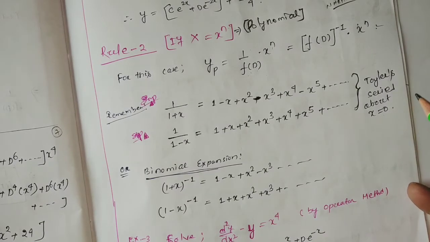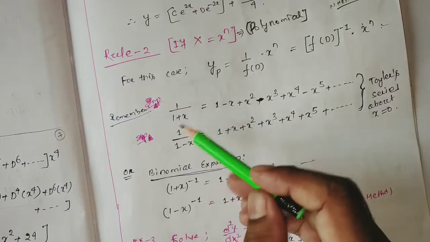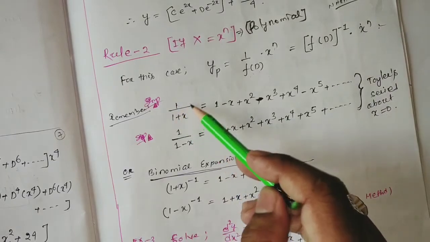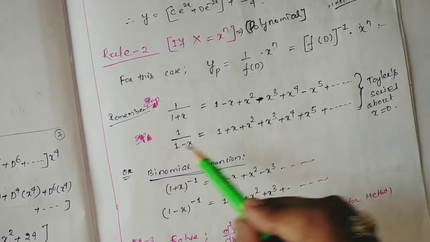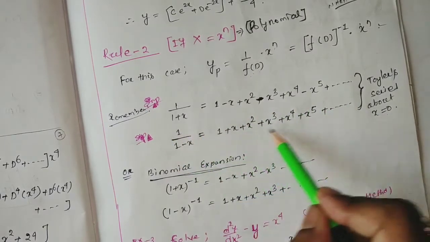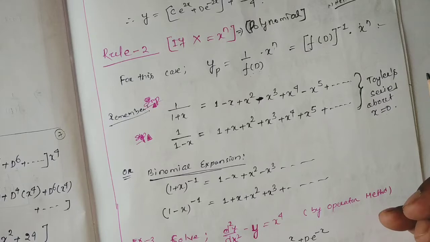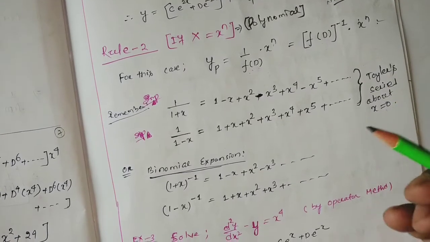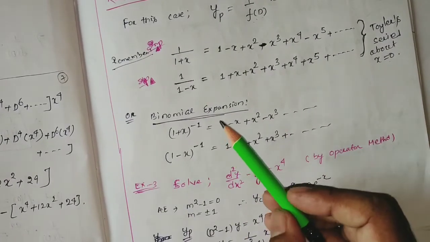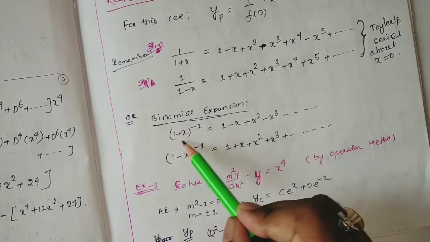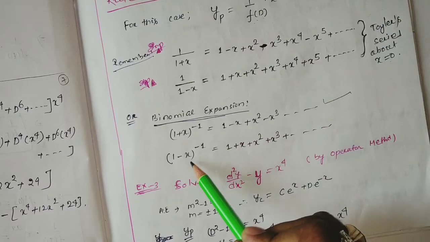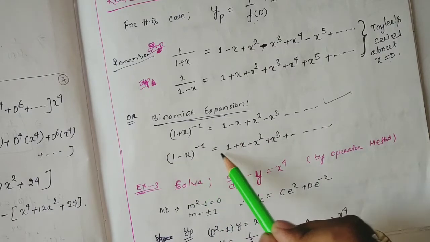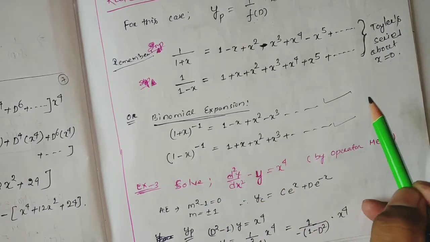That means if we consider the function f of x equal to 1 by x, then the Taylor series of this about x equal to 0 is nothing but this one. You can check it in your rough work. Or you can say it is the binomial expansion of (1 plus x) to the power minus 1, and the binomial expansion of (1 minus x) to the power minus 1.